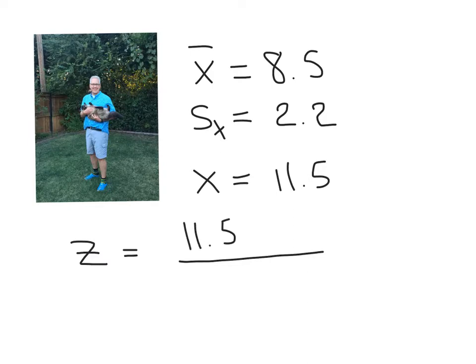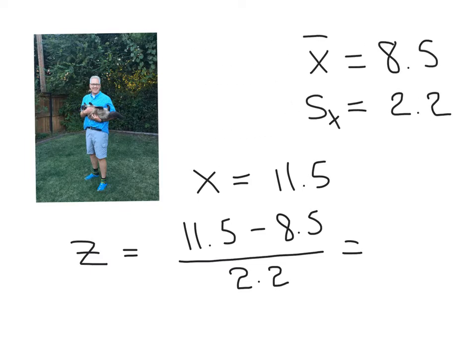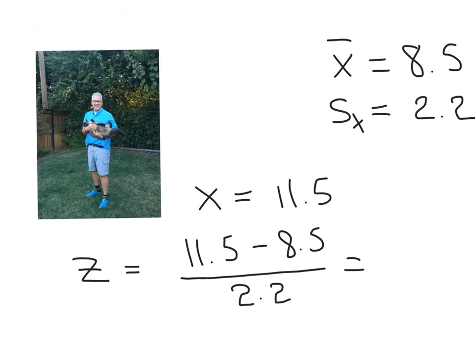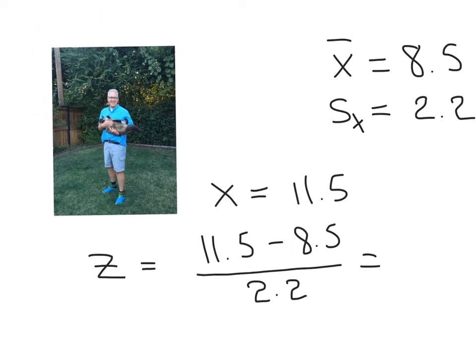That's X minus the average weight, which is 8.5, and then divide it by the standard deviation. How many standard deviations are we above average? Okay, because I can kind of see that Tomba, well, we can tell from the average here, he is above average.